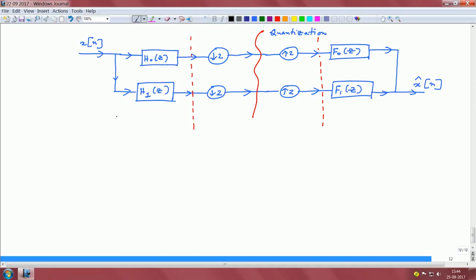So this is your analysis bank. This is your synthesis bank, and here are your decimators, and here are your expanders. And let us designate the interim signals also.